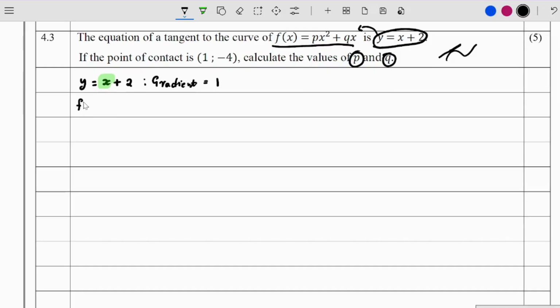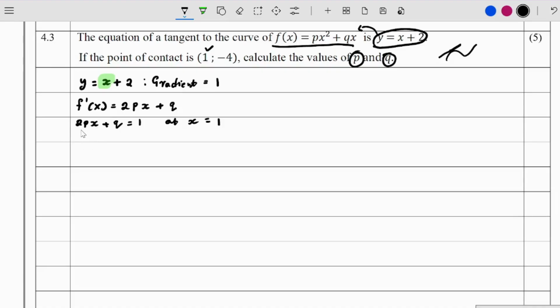If I differentiate the function f, the derivative of px squared plus qx is going to be 2px plus q. If the gradient is 1, that means the derivative of this whole thing is going to be 1. So my 2px plus q will be equal to 1, where x is equal to 1.